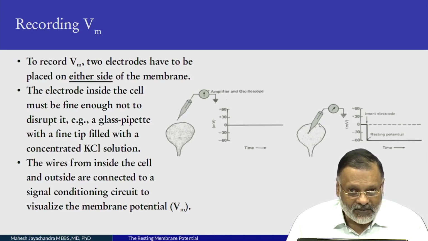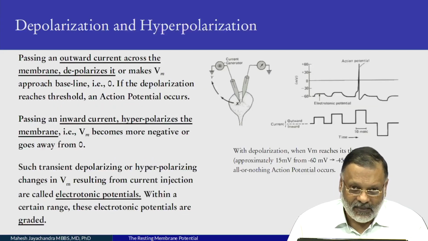As soon as you insert it inside the cell, from 0 it goes to -60, and that is the resting membrane potential. It's as simple as that. You take an electrode, put it inside a cell, and see the voltage difference. So it's -60 from inside to outside.